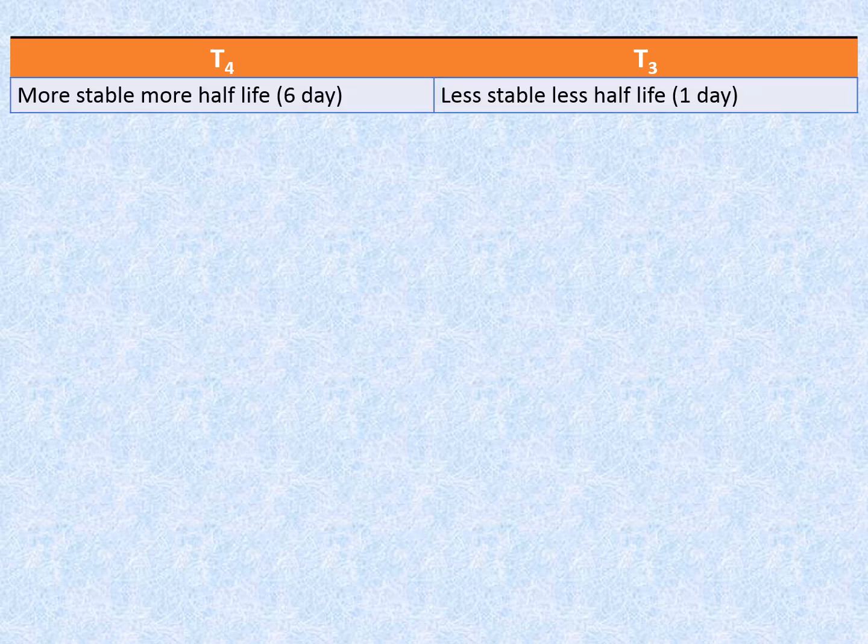Basic difference between T4 and T3. T4 is the more stable form, half-life 6 to 7 days, while T3 is less stable, meaning binding with the plasma protein is less efficient, and half-life is 1 day.